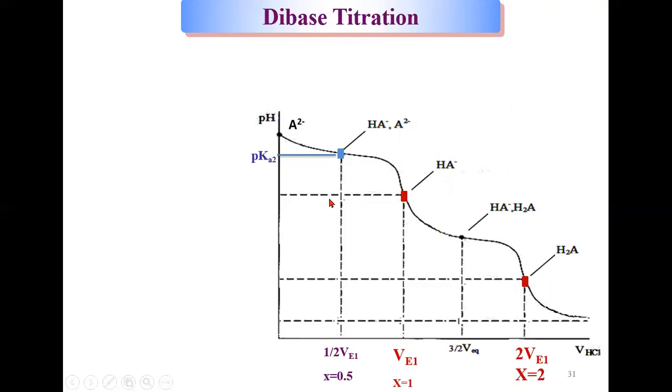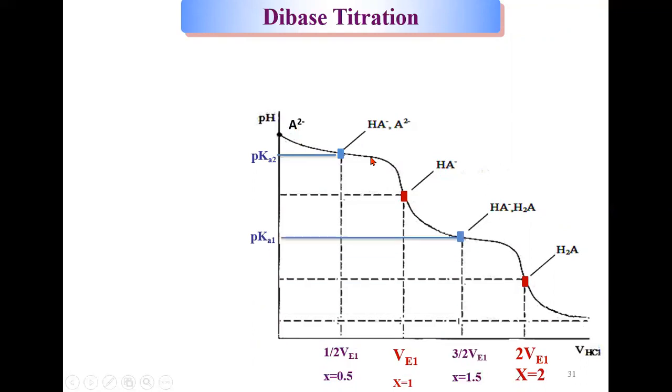At V half equivalence, you all know that pH equals a pKa, but which pKa? Yes, pKa2. Why? Because at this point, I start off with a base, A2 minus. As I'm adding acid to my dibase, this A2 minus is getting converted to HA minus. And at the first equivalence, all of the A2 minus got converted to HA minus.